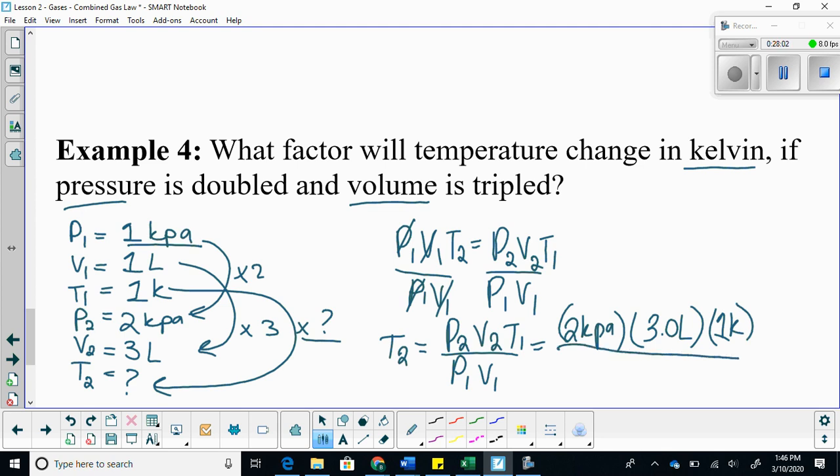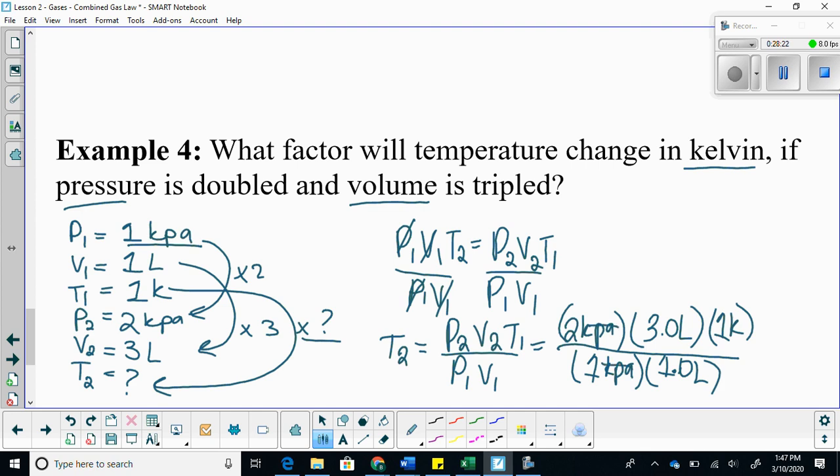Divided by P1, V1, which is 1 kPa, multiplied by 1 liter. Let's do a unit cancel.